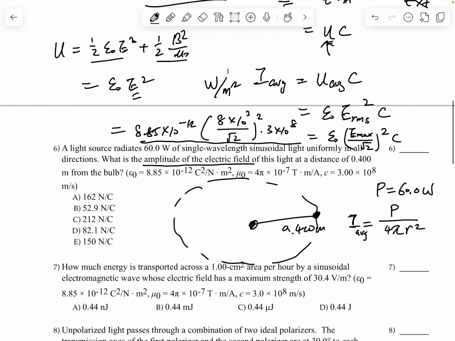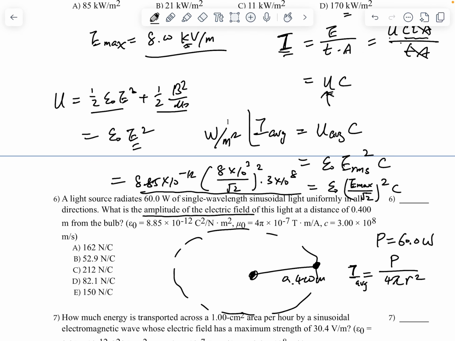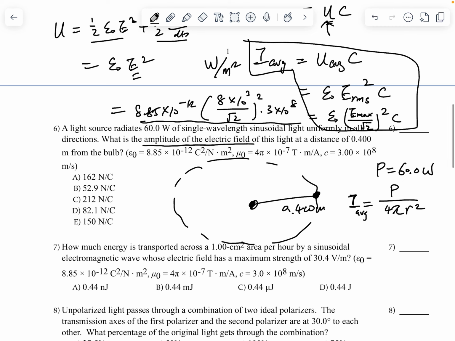So use this equation: average intensity equals epsilon naught, amplitude, divided by square root 2, squared, times c. You see everything is in place. This is 60.0 watts over 4 pi times 0.4 meter squared.